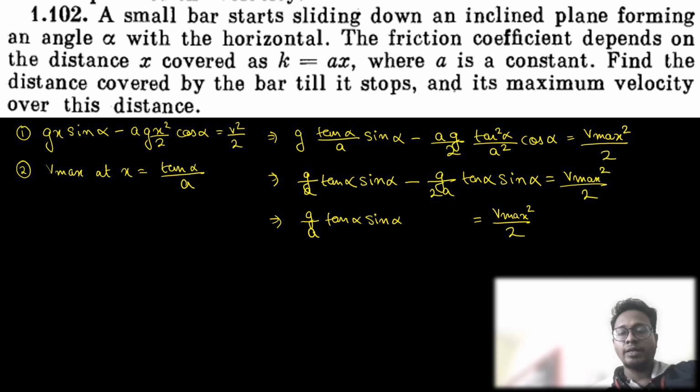Out here this 2 and this 2 get cut. So v max is equal to the square root of g by a tan alpha into sin alpha, which is the maximum velocity.